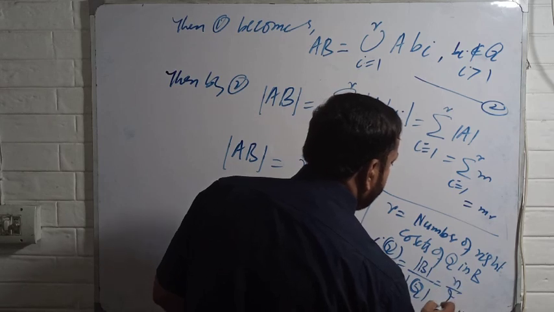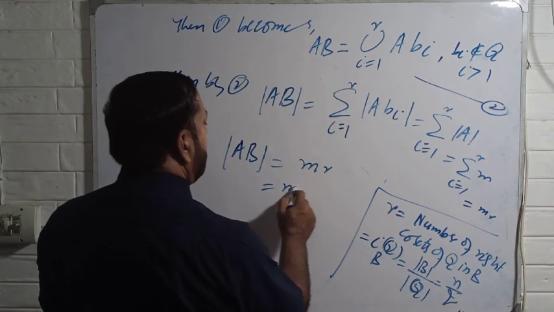The order of B was N over Q. So this is equal to MN by Q.